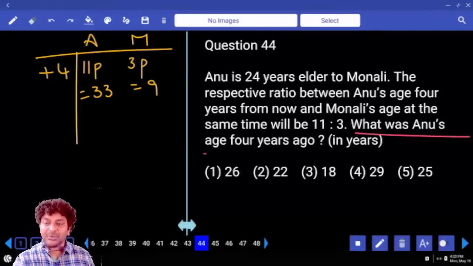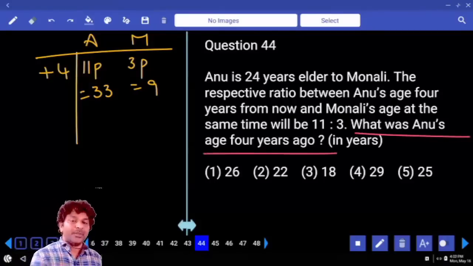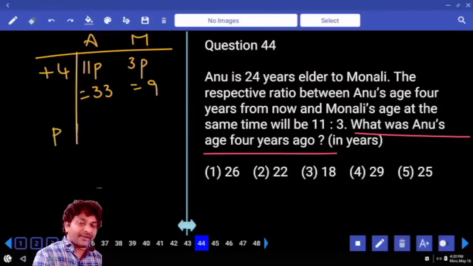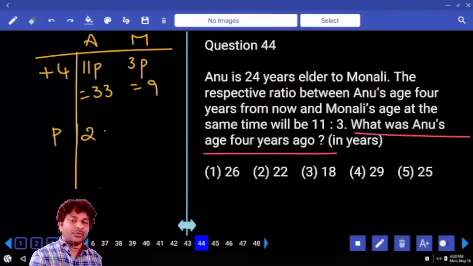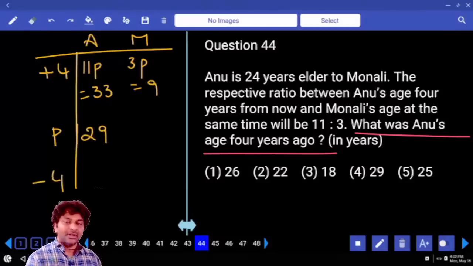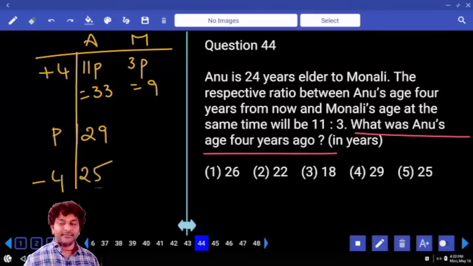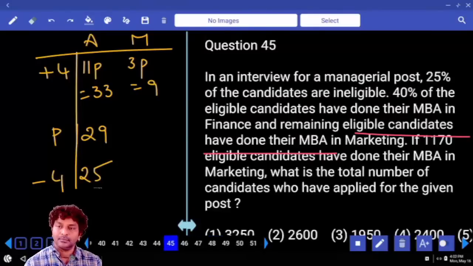What was Anu's age 4 years ago? To get the present age of Anu, how many years do we have to subtract? 4, which gives 29. 4 years back, again we have to subtract 4, that is 25. Done.